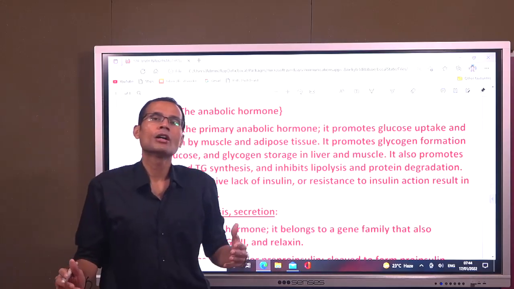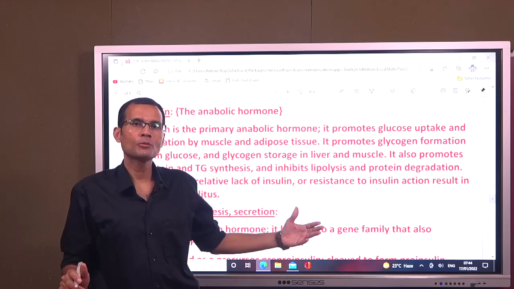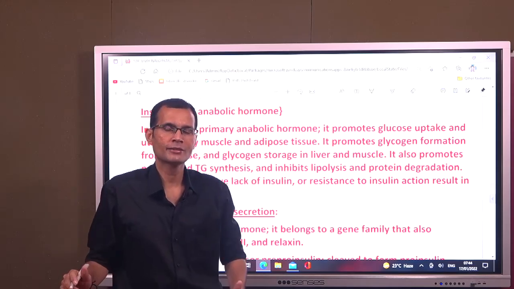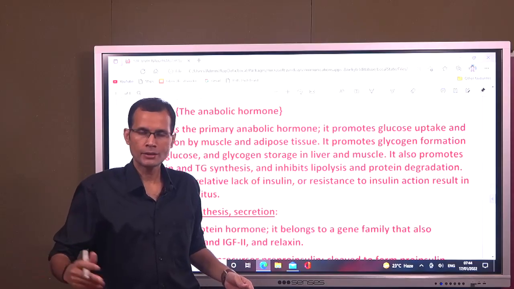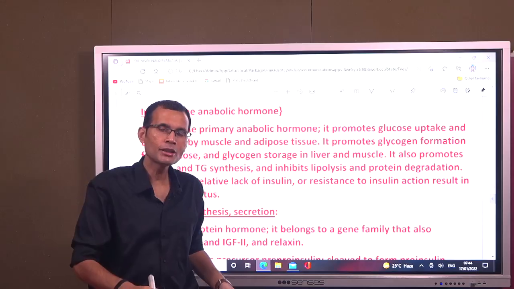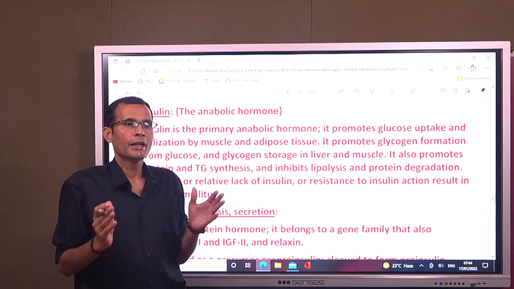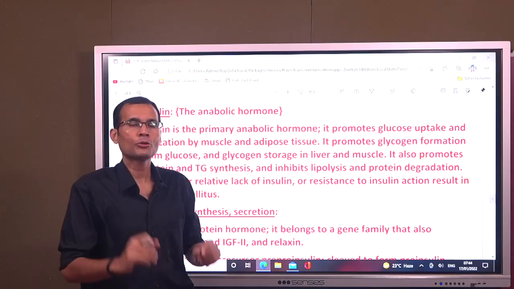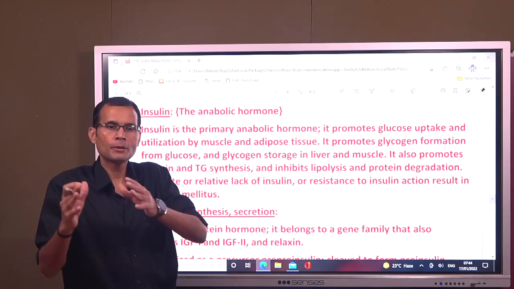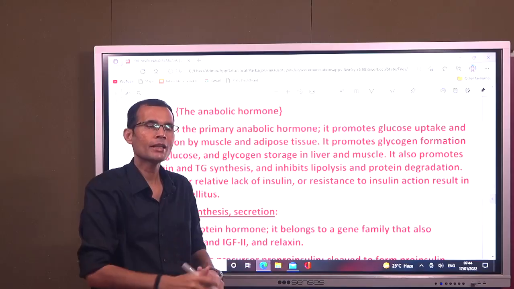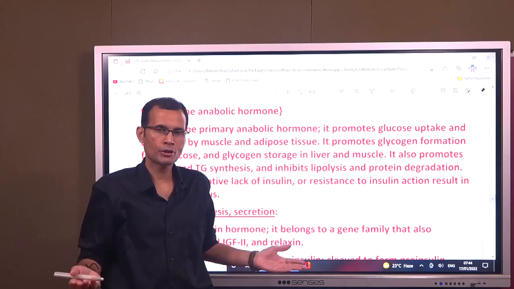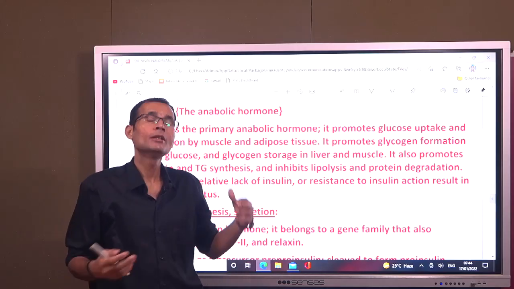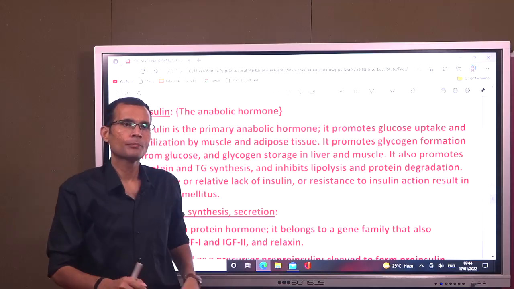Basically, we saw that the other hormones cause glycogenolysis, and the blood glucose level will increase. Insulin, on the other hand, is an anabolic hormone. So it's going to store the glucose in the form of glycogen. Glycogen is a polymer of glucose, and therefore in that form the glucose will be stored.